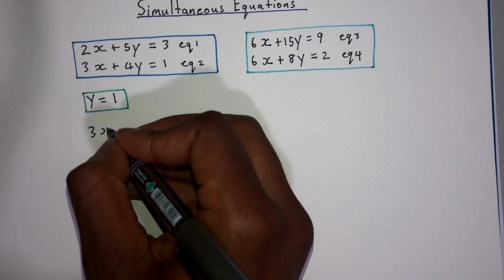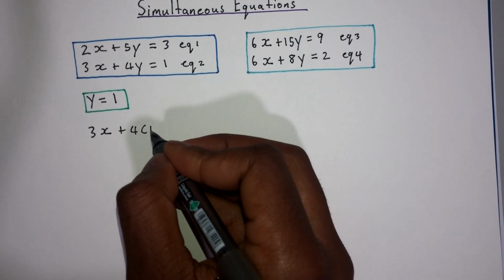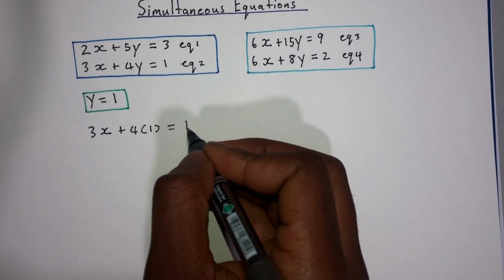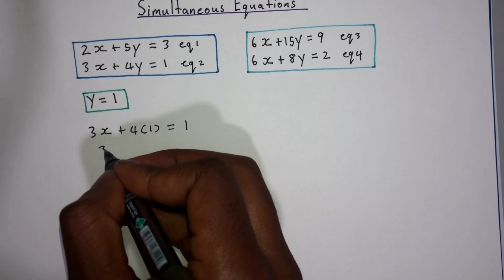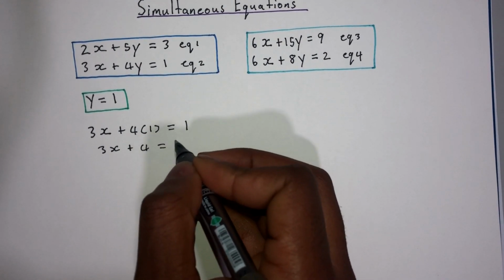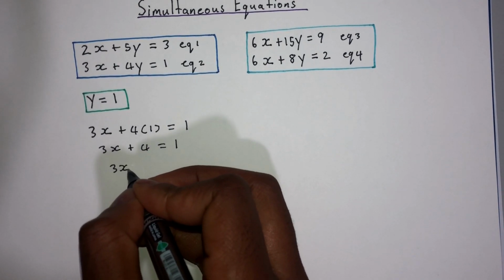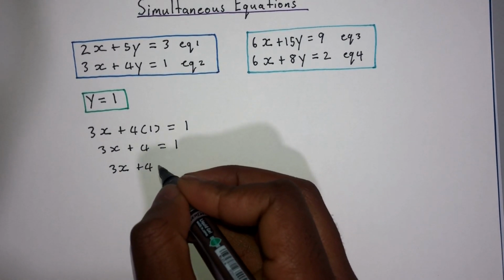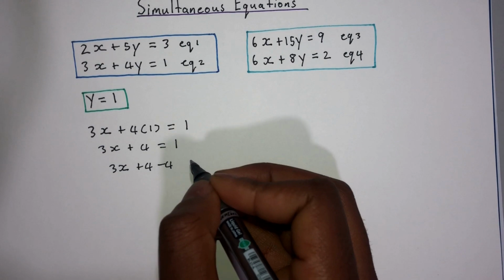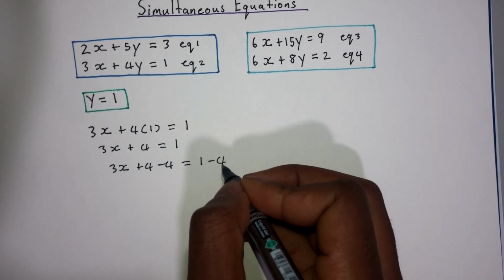So 3x plus 4y, where y is 1, equals 1. 3x plus 4 equals 1. 3x plus 4 minus 4 equals 1 minus 4.